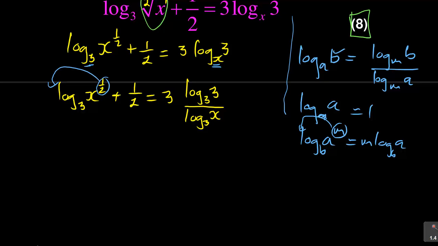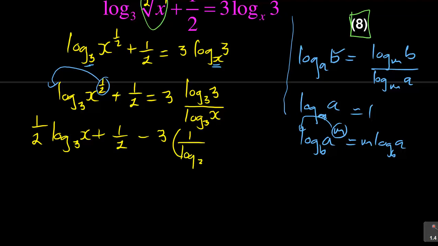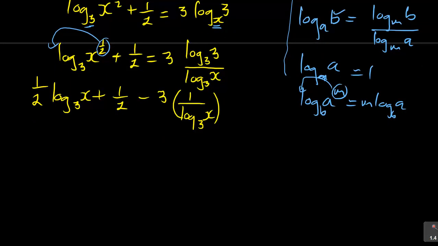So it will be 1 over 2 log base 3 of x, plus 1 over 2 minus 3. Now this part is equal to 1. Remember I said log 3 of 3, which is 3 times 1 over log base 3 of x. Are you seeing that? So that is how this thing first simplifies.